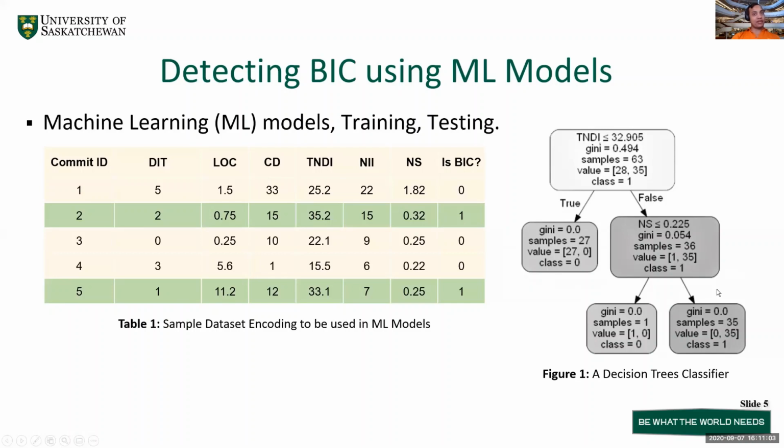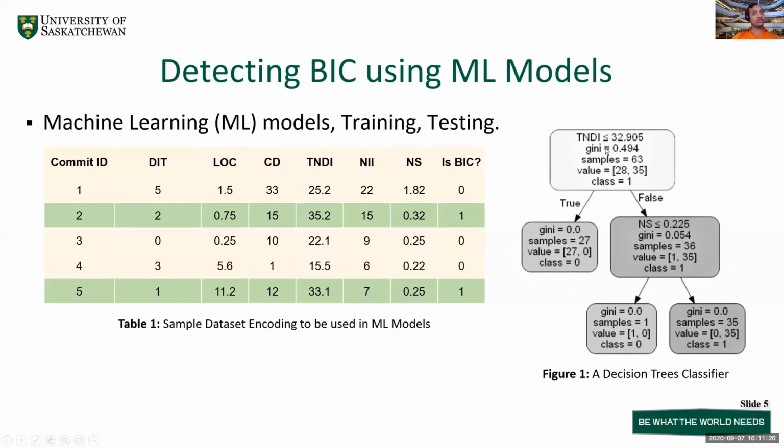To classify the samples, the decision tree classifier uses some of the feature values in its classification nodes, and based on the feature value, it decides that the commit is true, meaning bug-inducing, or false.